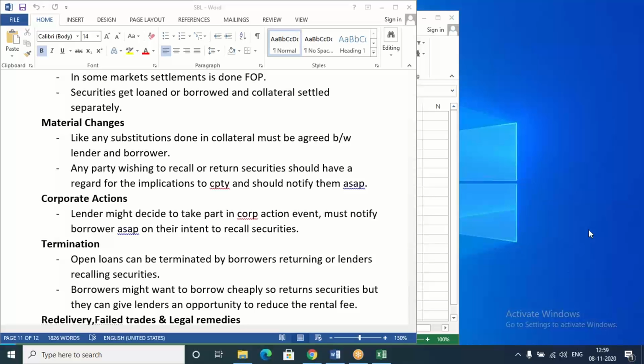Second sentence, what it means is I've loaned out the securities to Vatsal on an open contract. There is a value date or a settlement date, but I want to recall the securities before the value date or the settlement date. So that could pose some risk to Vatsal, who is the borrower, right? Yes or no?